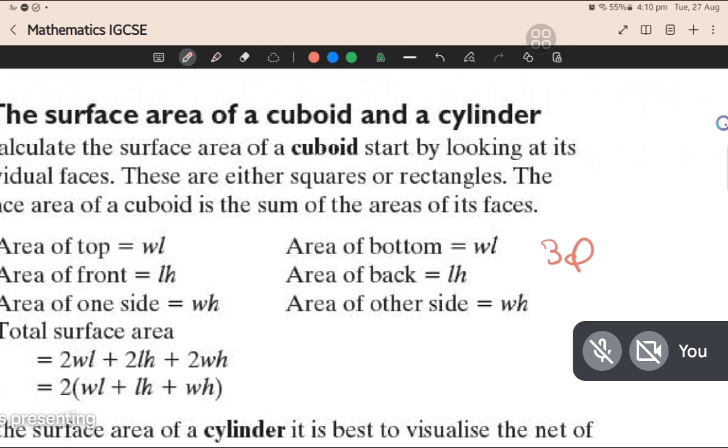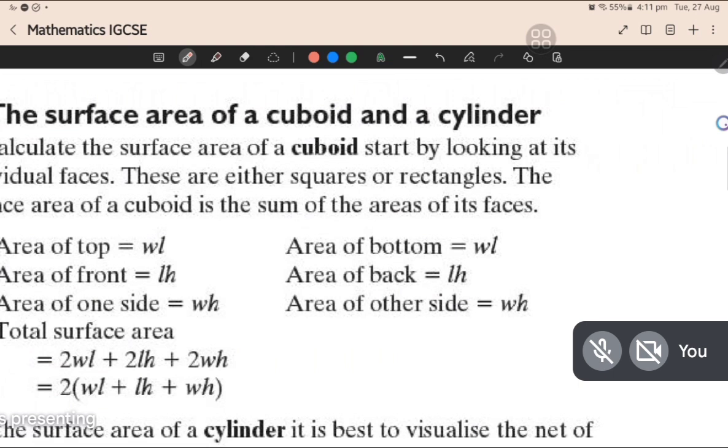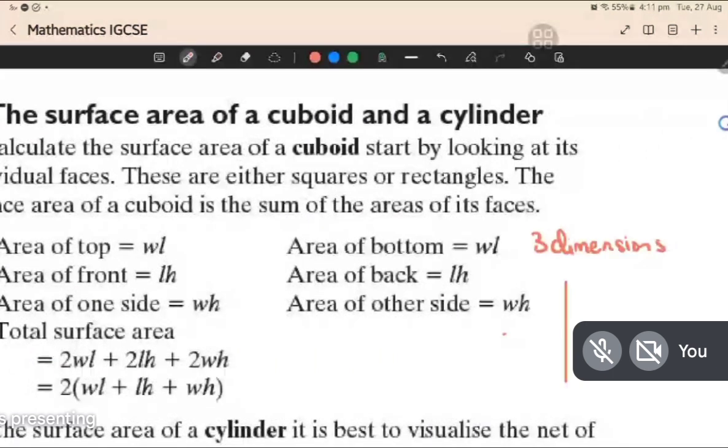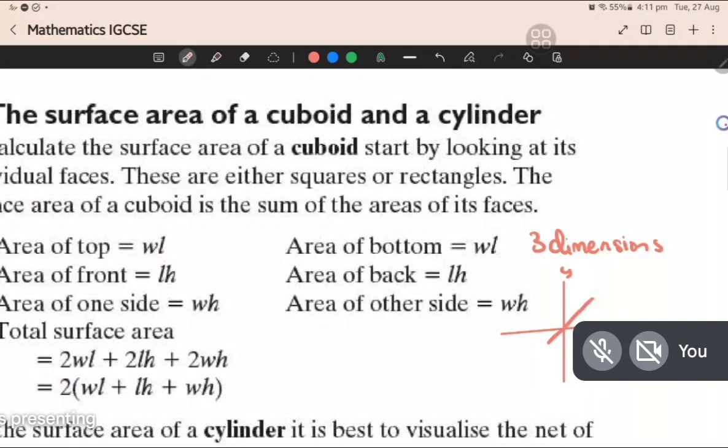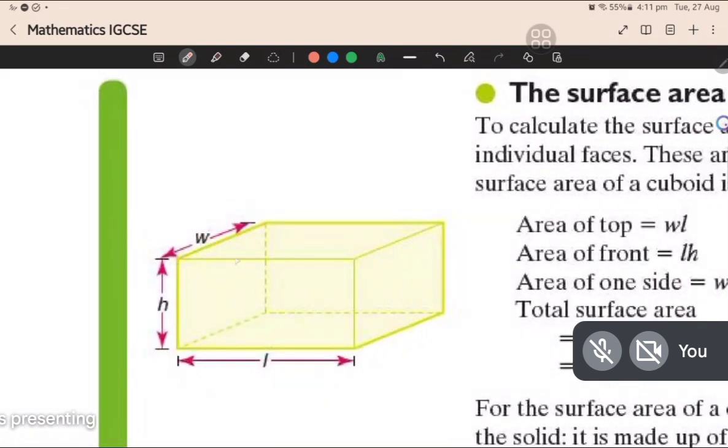When we talk about three dimensions, we have a Y axis, we have an X axis, and when we talk about 3D there is something called depth, which is the z axis. So if we look at this, you've got something on the z axis, which is your width.